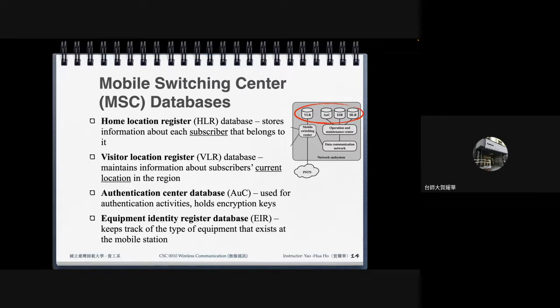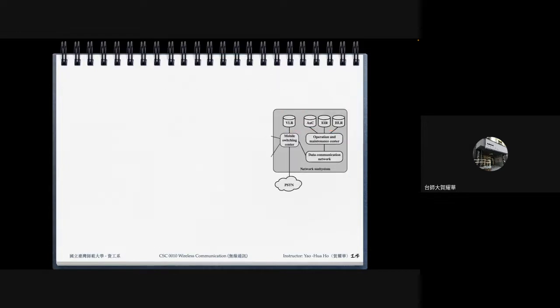Then you have the authentication center database, used to authenticate users and hold encryption keys, and the equipment identity register database, which keeps track of the different types of equipment in mobile stations.